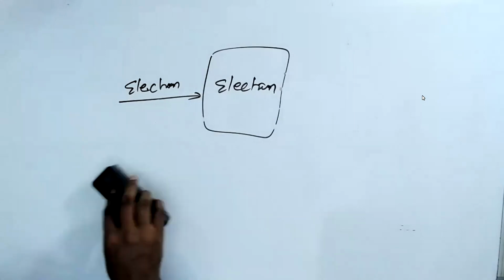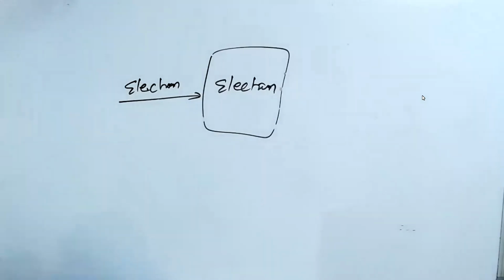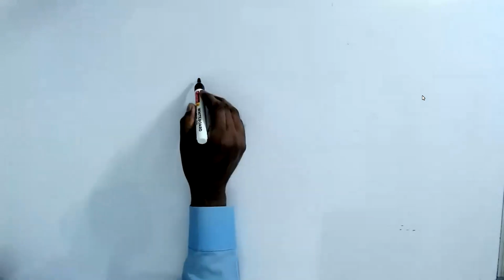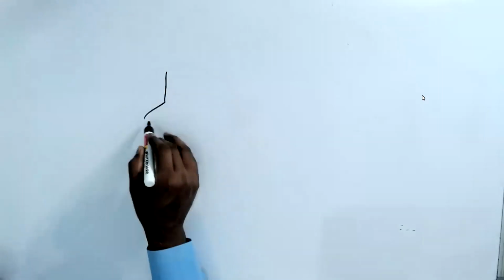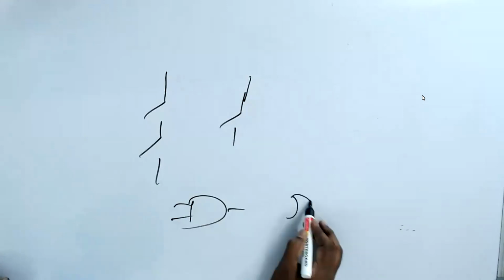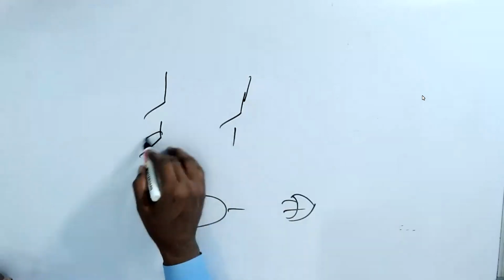That's a beauty. They did a lot of research. How do we do that? Nobody had any idea. Actually, the relay was used to construct the gates. All gates were built using relays.